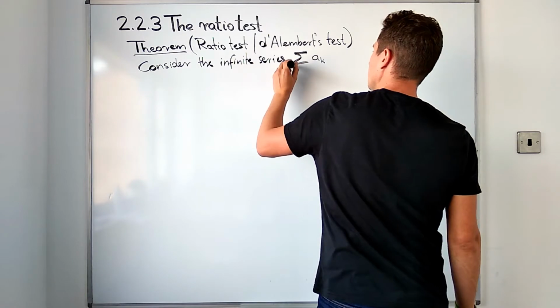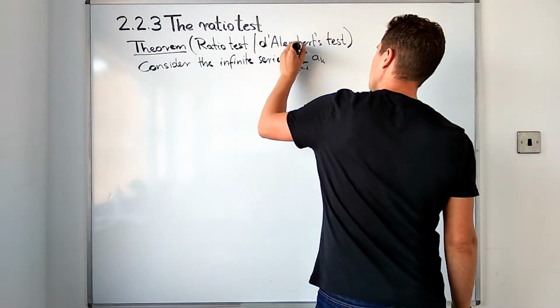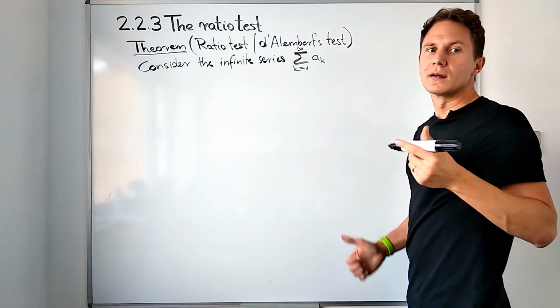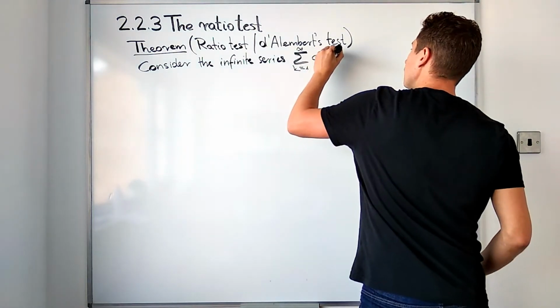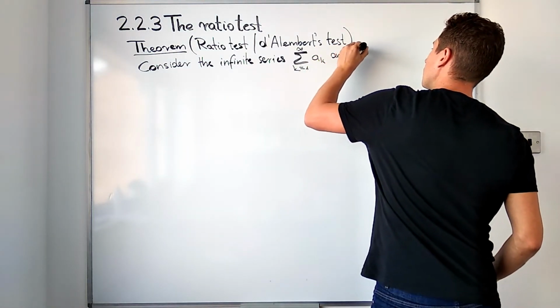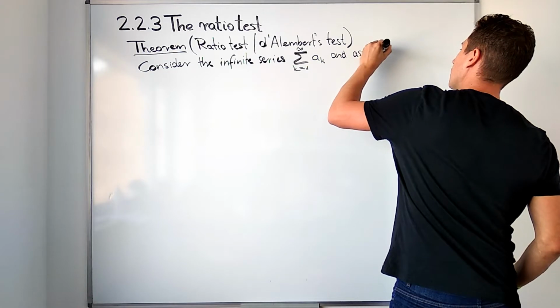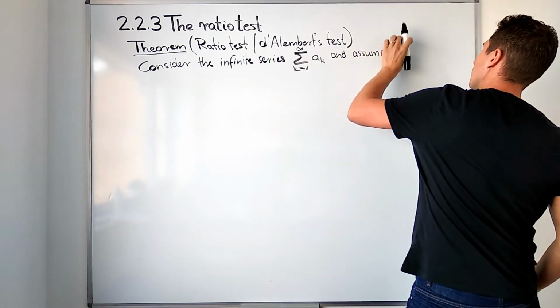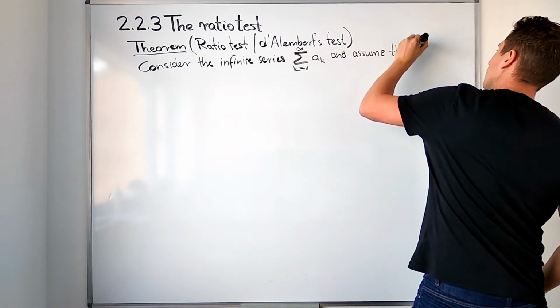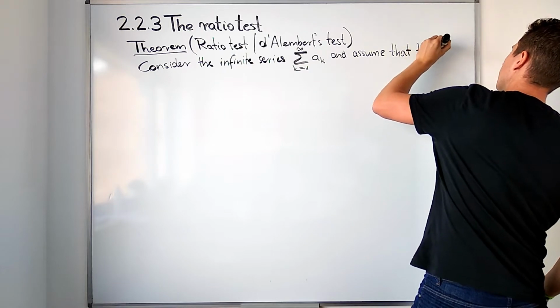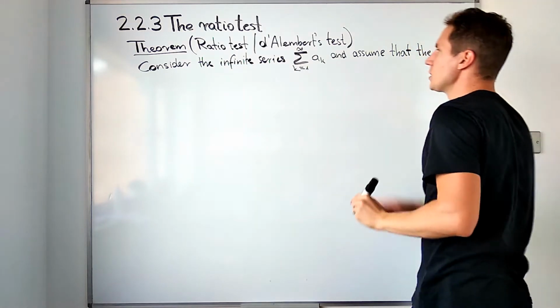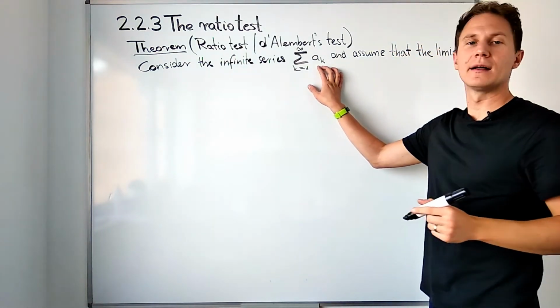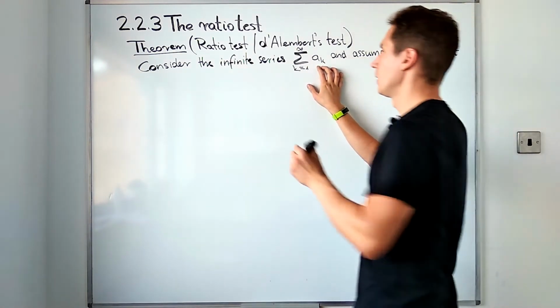that we are interested in, deciding whether it's convergent or divergent, and we assume that the following limit of ratios of successive terms in the sequence exists.